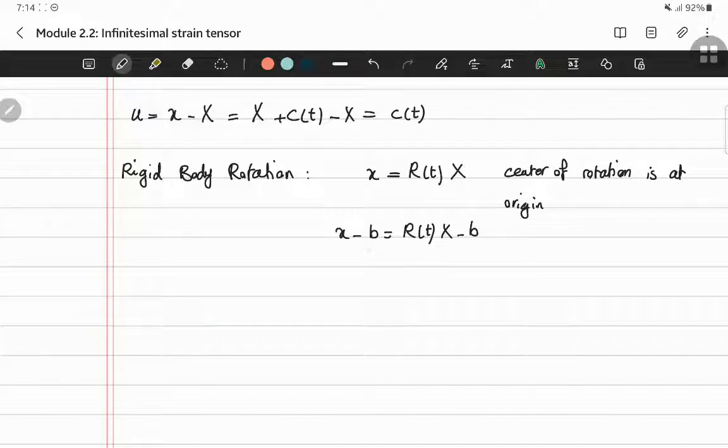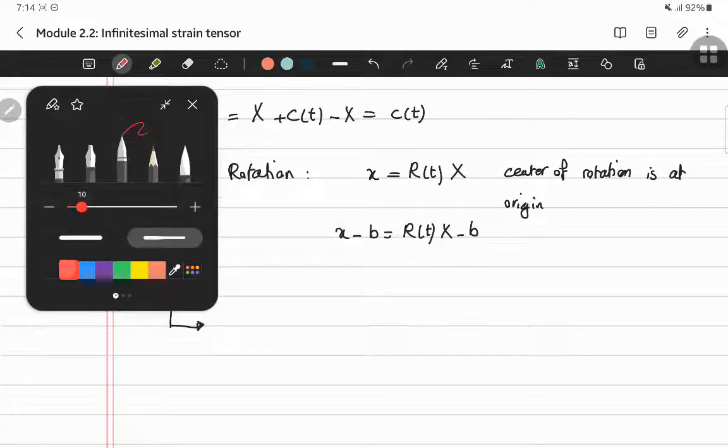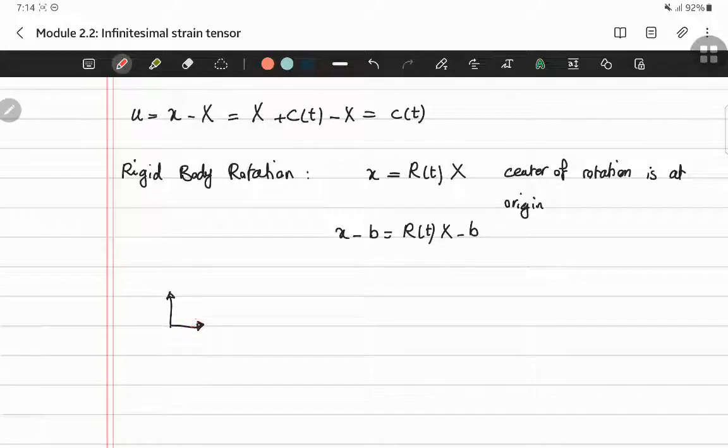If this is your coordinate system, you are at the origin, and you rotate your configuration like this, and your current configuration is here, you have a vector like b.